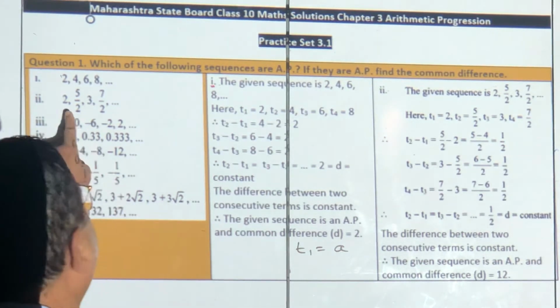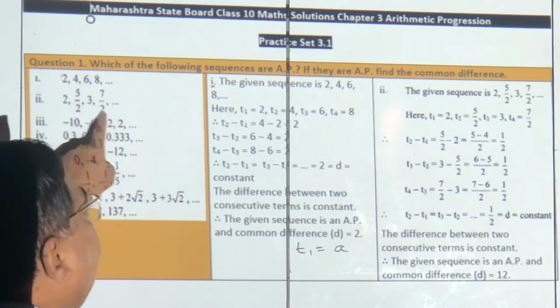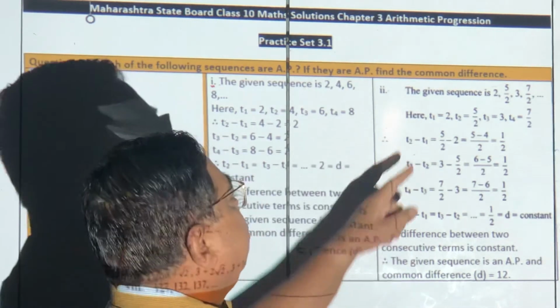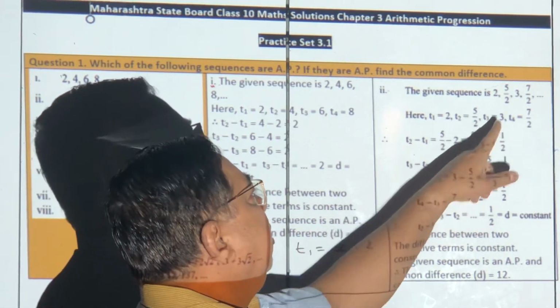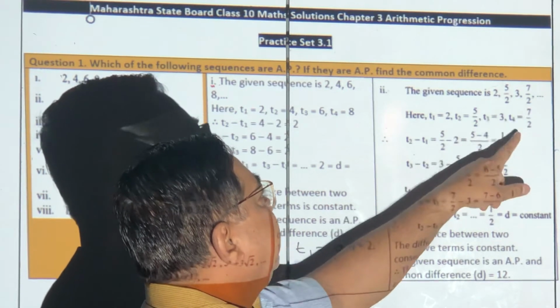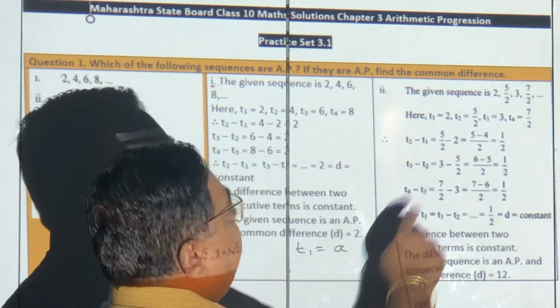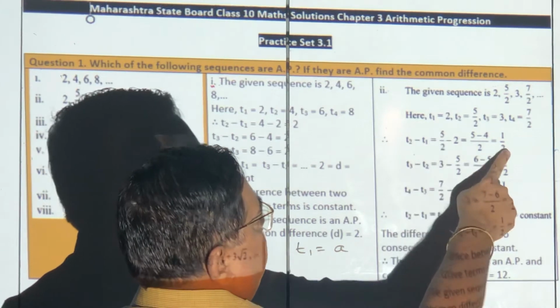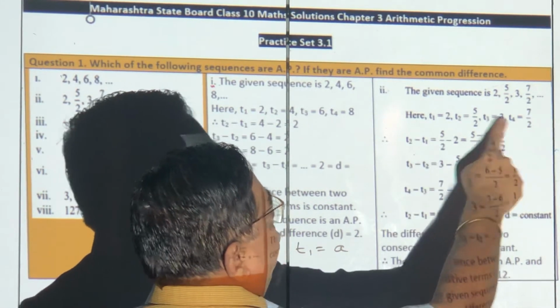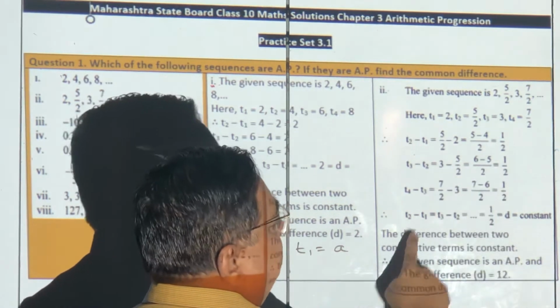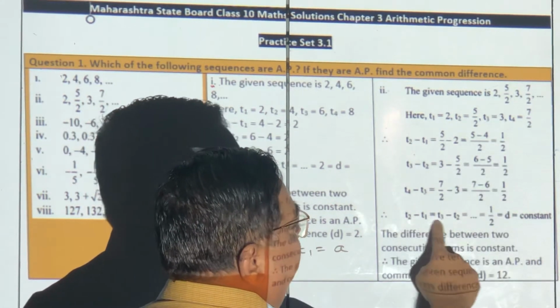Second sum: 2, 5 by 2, 3 and 7 by 2. So first is 2, second is 5 by 2, third is 3, fourth is 7 by 2. Start subtracting. Second minus first gives me this much. Third minus second gives me this much. Fourth minus third gives me this much. Everywhere I am getting half.